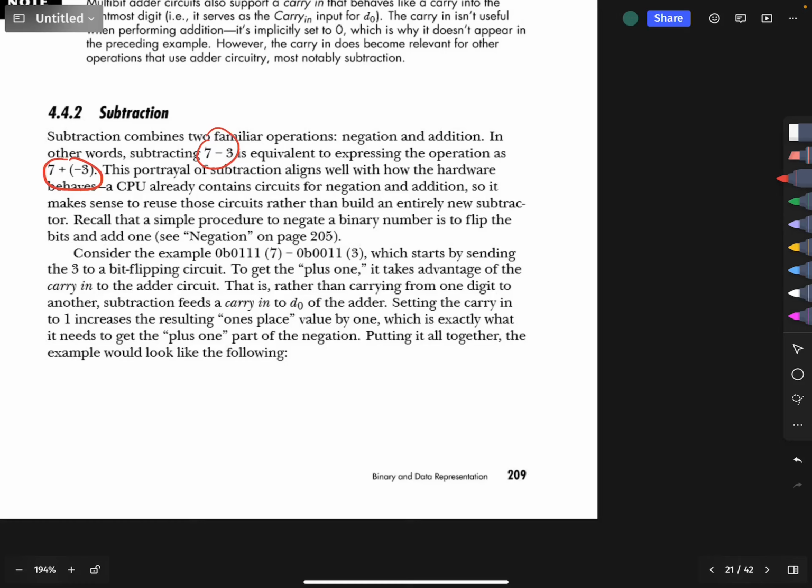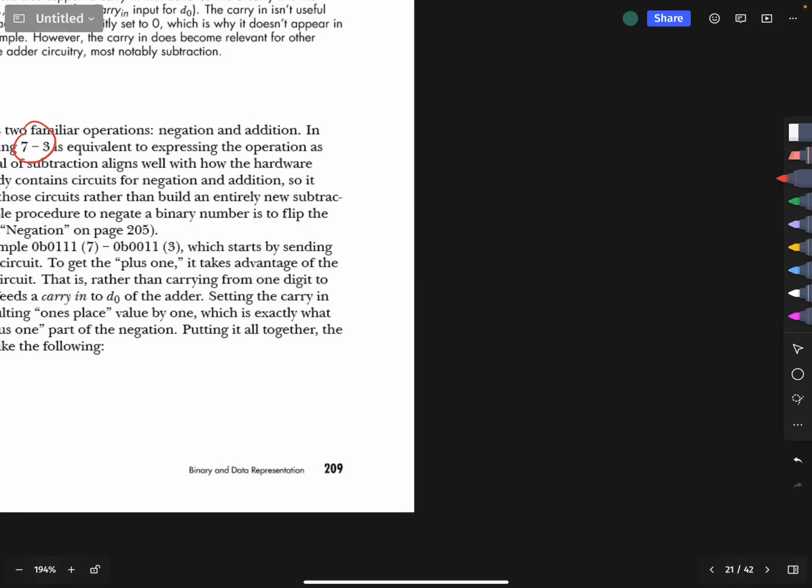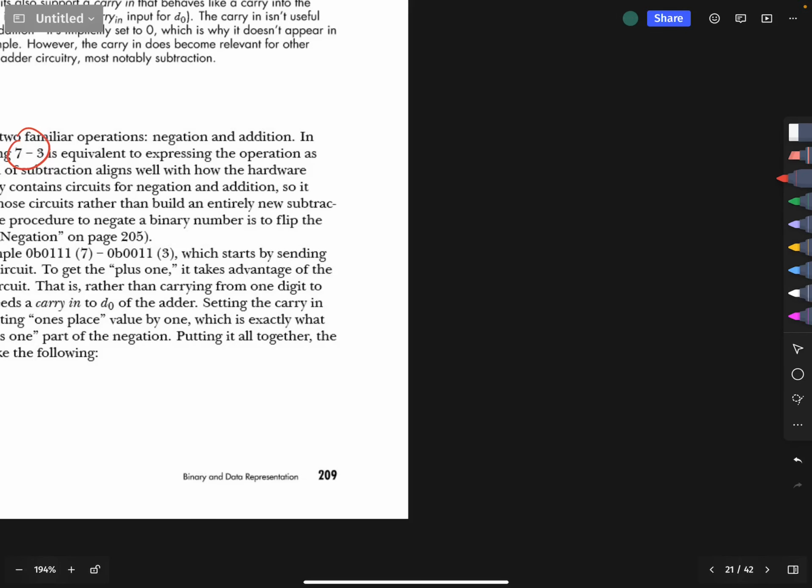But we can still use the 2's complement concept to simulate subtraction. Let's say we take the number 7, and with 7 and 3 we only need 3 bits to represent them.